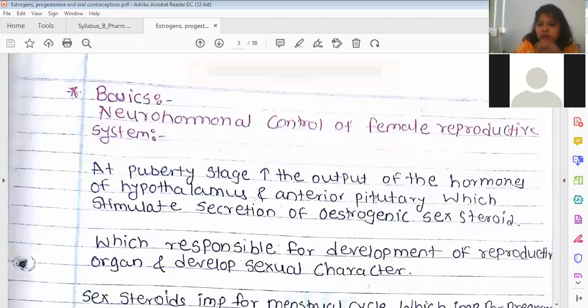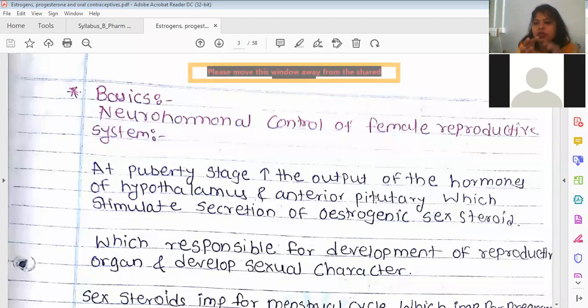Due to that we get the specific features of male and female. If we see any child or any baby below the age of 10, at that time it is quite difficult to differentiate whether it is a female or a male. But once it crosses the age limit, it is easy to differentiate: this is a male and she is a female.